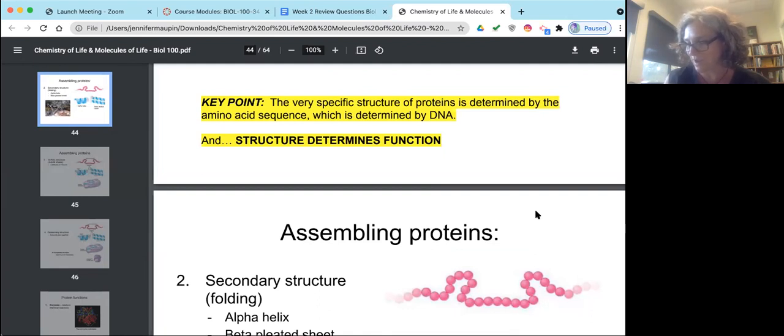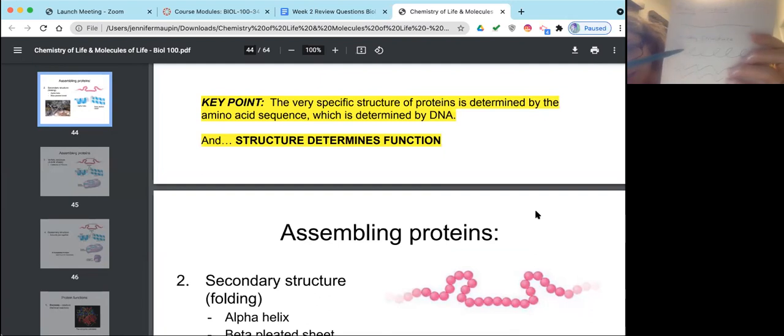So that strand of protein that you had will start folding on itself. And sometimes it's going to create a helix. And the reason it does that is because polar areas are attracted to other polar areas, and those are hydrogen bonds.